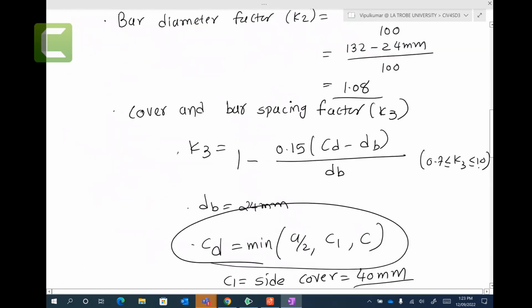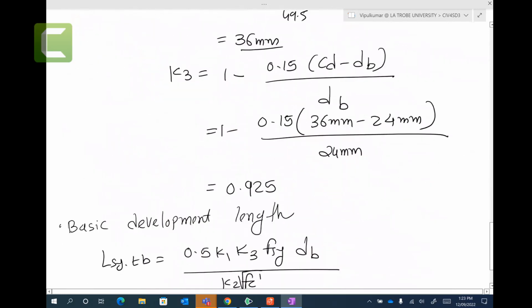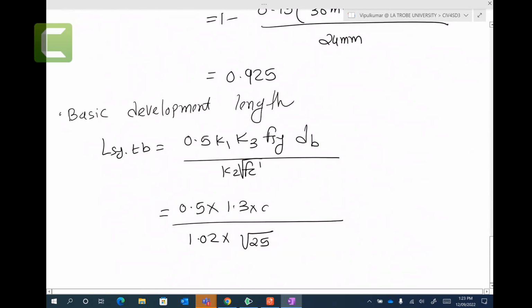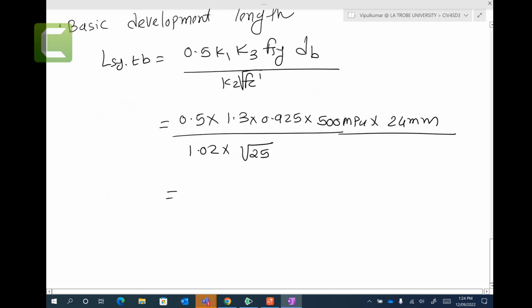And the K3 we got just now is 0.925. Yield strength 500 megapascals. 24 millimeters is the bar diameter. So we got 1336 millimeters.